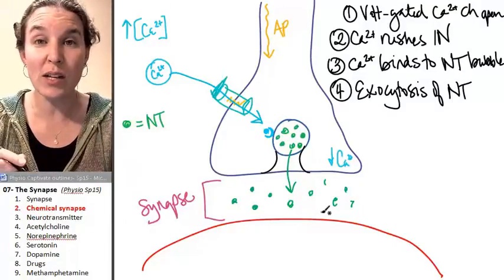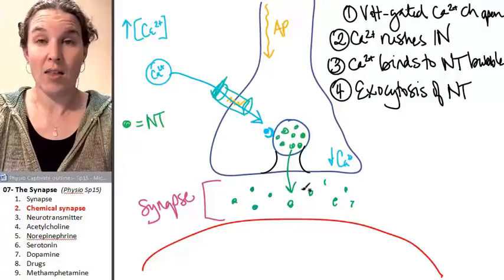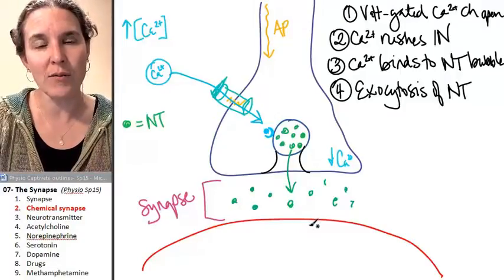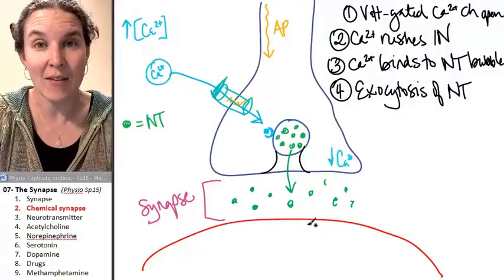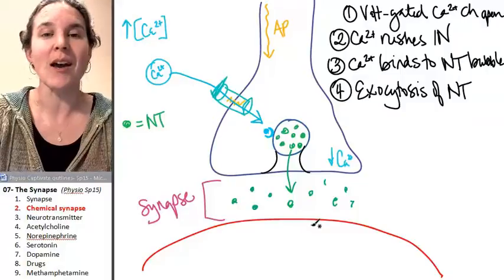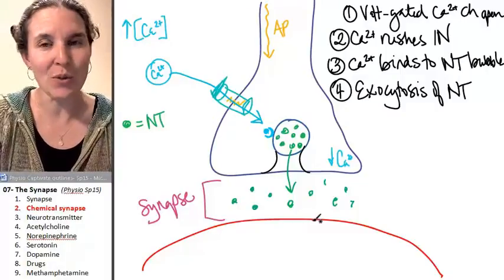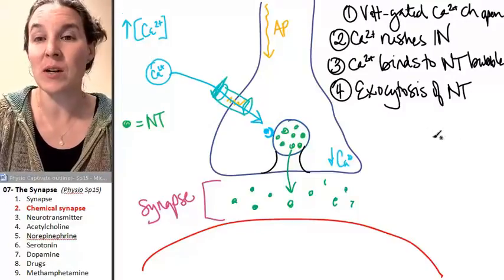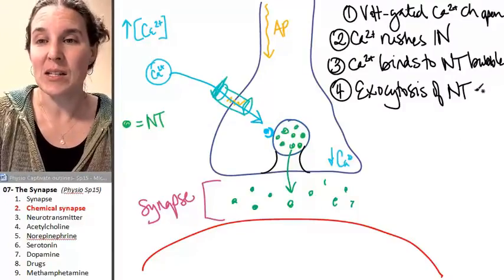They make all these really complicated circuits, and what they, without a doubt, know is that you can't pass electrical information across a space. You have to have a connection between two things if you want to pass electrical information, which is why we have to go to a chemical message. So exocytosis of the neurotransmitter happens into the synapse.